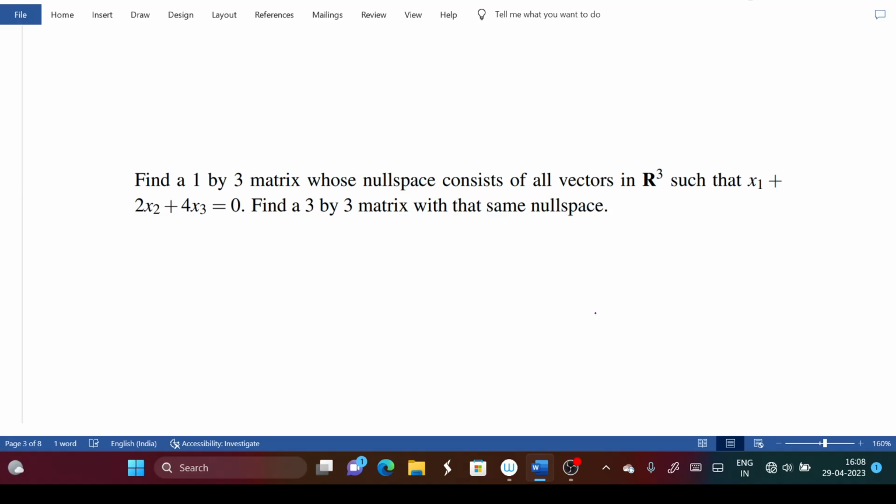Find a 3 by 3 matrix with the same null space. So what will it be? (1, 2, 4).